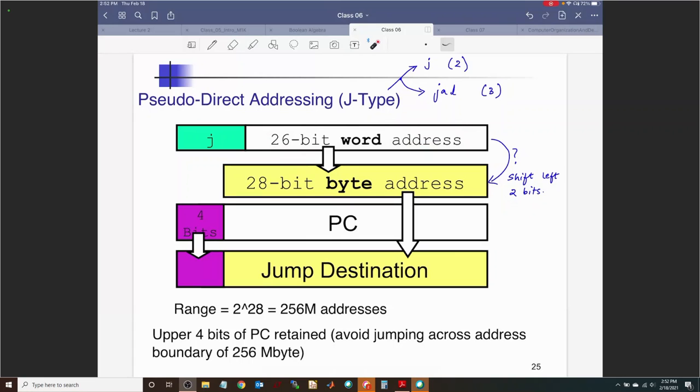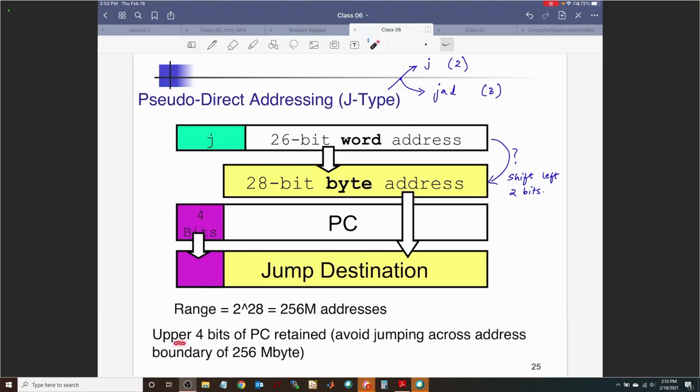All right, so because now we have 28 bits, that is going to essentially limit the range over which we can jump. Because with 28 bits, we are going to have 2 raised to 28 addresses over which we can make that jump. So that's 256 million addresses over which we can make that jump relative to the program counter.